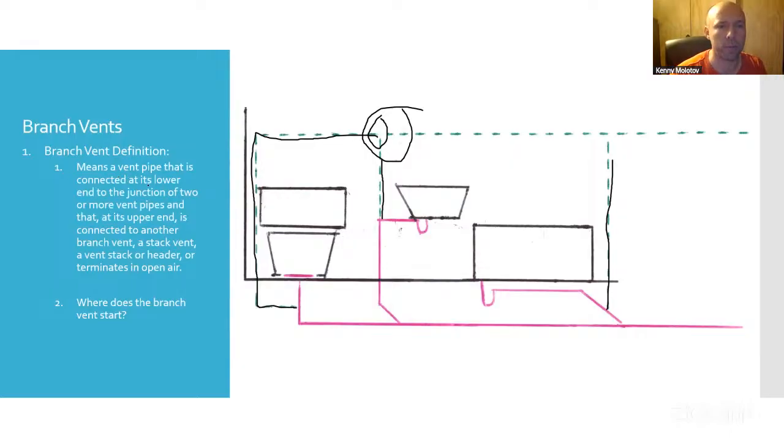And remember, the definition is a vent pipe that's connected at its lower end to the junction of two or more vent pipes. So we've got one vent pipe here, one vent pipe here. This is the beginning of our branch vent. That is the location.